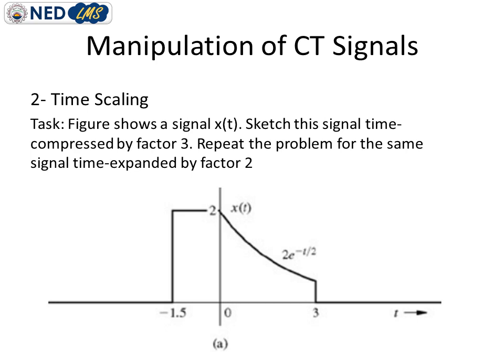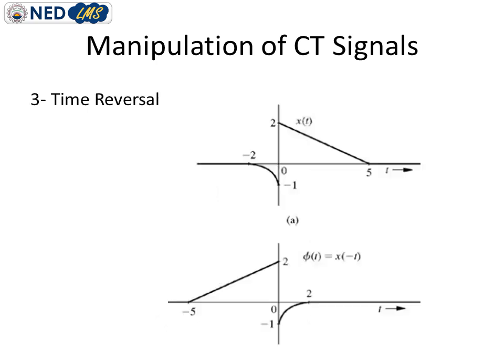The third manipulation technique of continuous time signal is time reversal. Consider the signal x of t as shown in figure A. We can view this signal x of t as a rigid wireframe anchored at the vertical axis. Now to time reverse this signal, we only rotate this frame 180 degrees about the vertical axis.